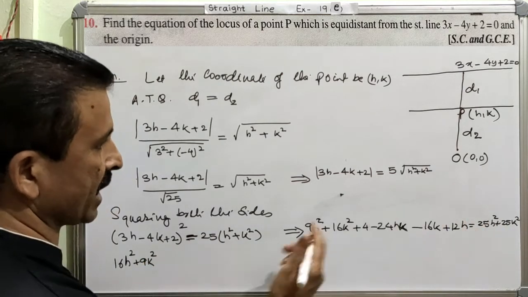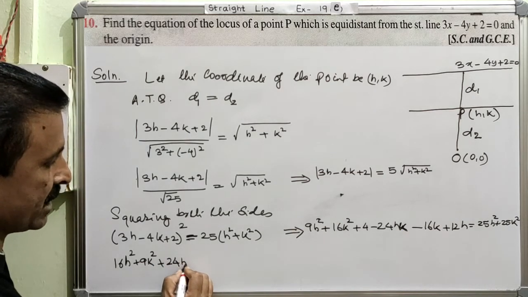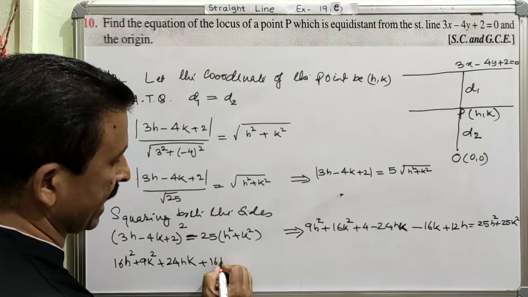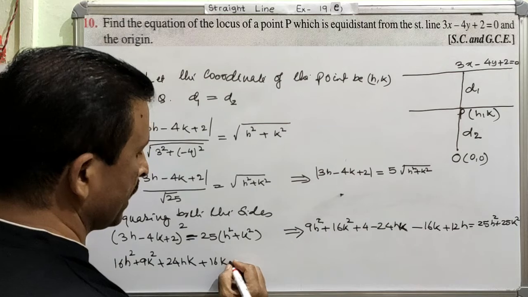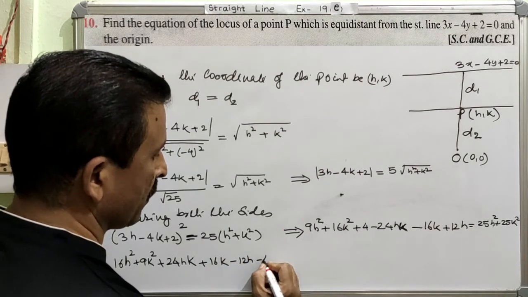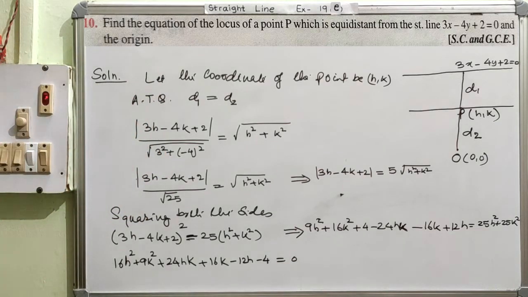Now this goes to that side, will become plus 24hk. Then this will become plus 16k. Then this will become minus 12h, and this will become minus 4 is equal to 0. Is this very clear?